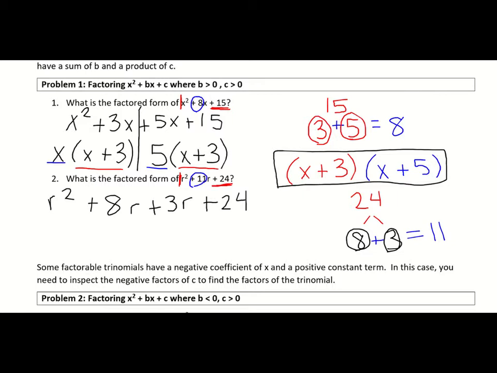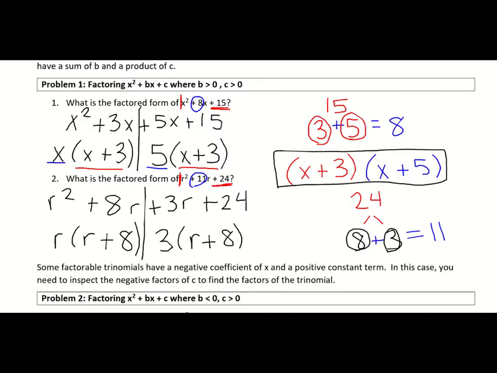Once I've rewritten it, I've made it 4 terms. I'm going to split it in half, and I'm going to factor by GCF each side. So r squared plus 8r, I could factor out an r, which would leave me with r plus 8. 3r and 24, I could factor out a 3, which would leave me with r plus 8.